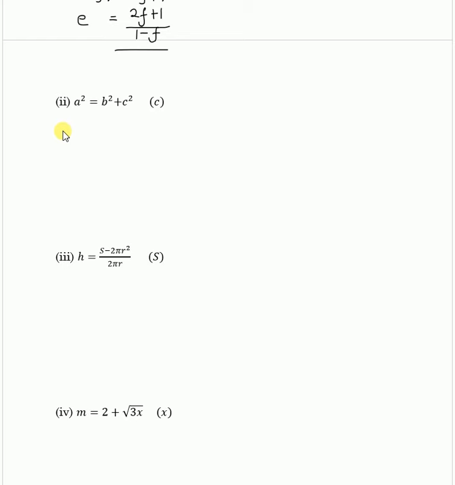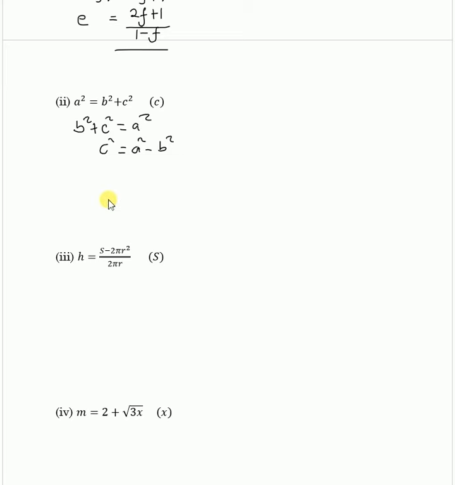So I have that b squared plus c squared is equal to a squared, such that now c squared is equal to a squared minus b squared. In other words, I'm subtracting b squared from both sides.